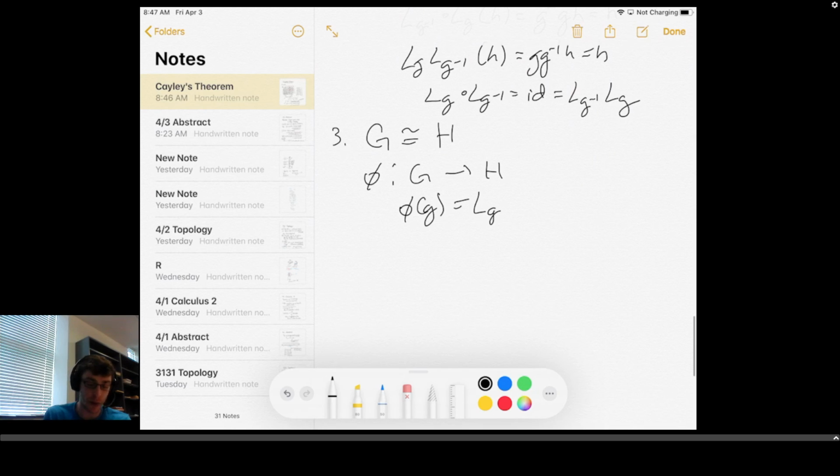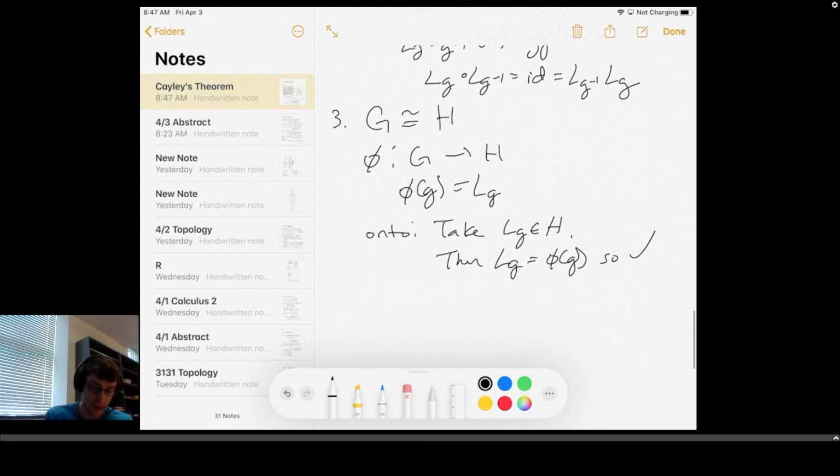So onto should be pretty clear, right? So onto, you take a general L_G in H, because that's what all the things in H look like. Well, that is exactly phi of G. So we're good. So onto is the super easy one there. What about one-to-one?